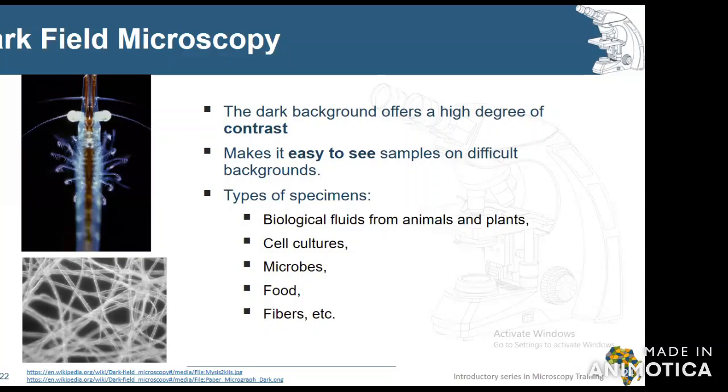That is the reverse of what happens in bright field microscopy. This type of microscopy can be used to look at biological fluids from animals and plants. Then in cell cultures, you can also use it to look at microbes, food, and fibers.